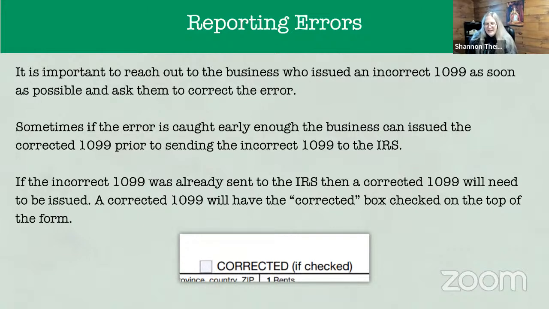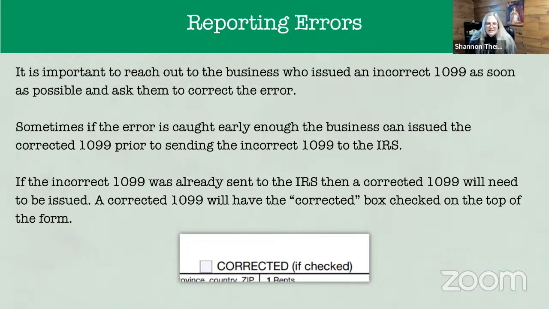And filing a corrected 1099 is pretty easy. It's almost too easy. With a lot of forms, it's super complicated and you have to do all of this extra work to file a corrected form.